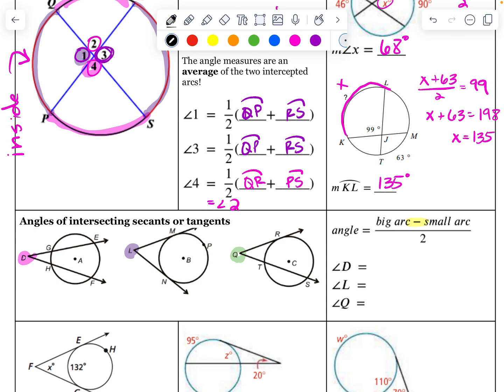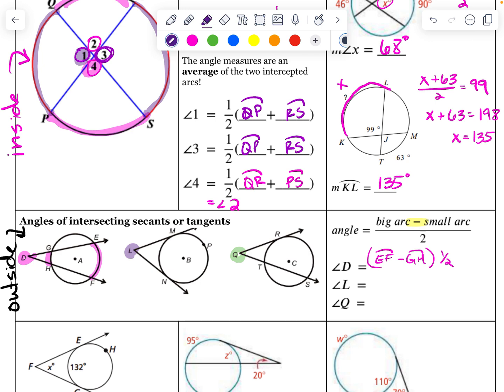So angle D here is going to be big arc minus small arc divided by 2. So that is EF minus GH, times a half, same as divided by 2.